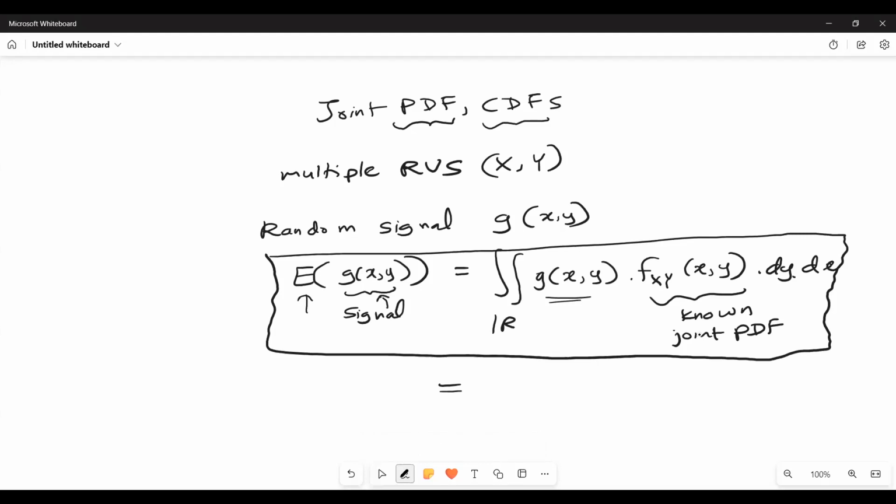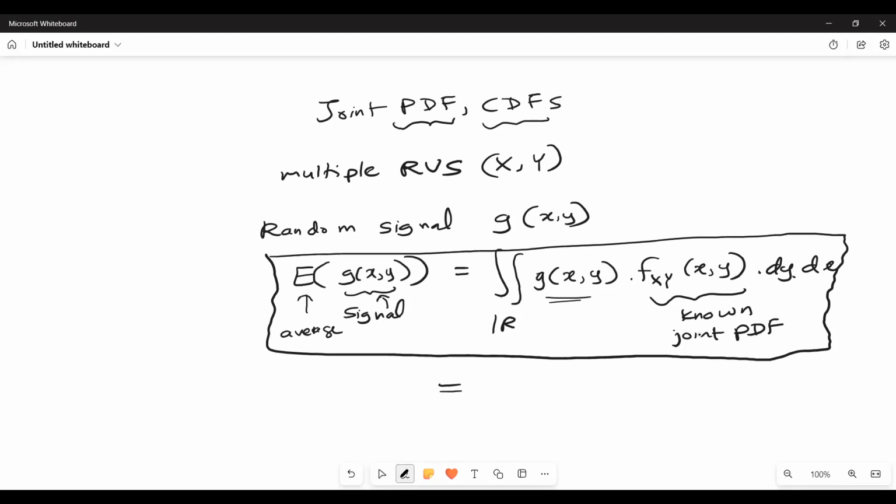Apart from finding the average value, there are other things that we sometimes want to find about these signals that are dependent on two random variables, right? Sometimes these two random variables can be independent random variables. These random variables could have their own separate distributions.